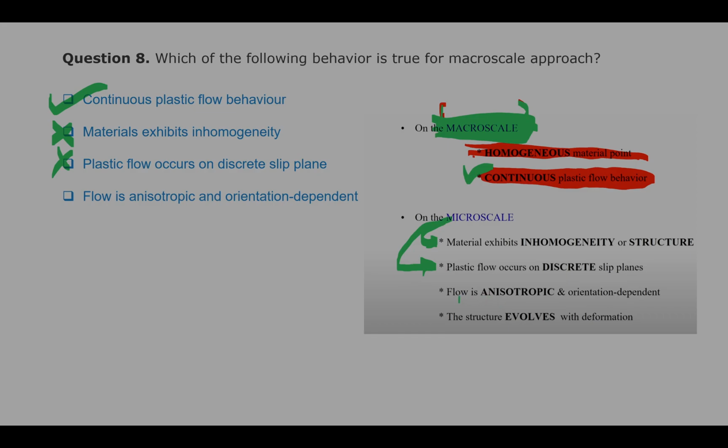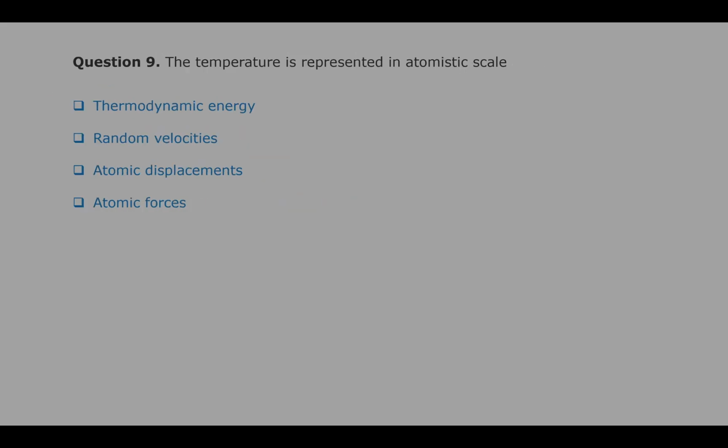And the last one, flow is anisotropic and orientation dependent, that is also coming in micro scale. So this is not possible for the macro scale approach. So for the macro scale approach, what is the possibility? Continuous plastic flow behavior. Okay.